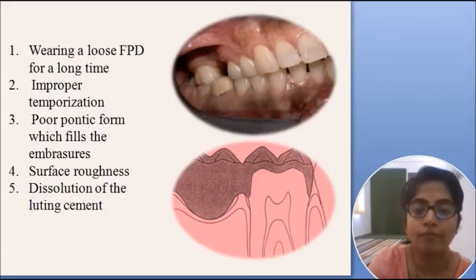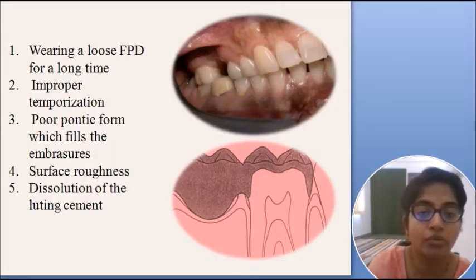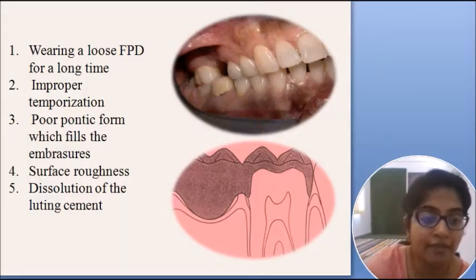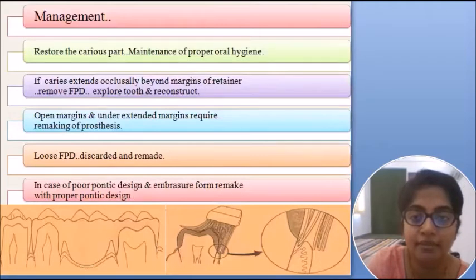Poor pontic form which fills the embrasure causes a problem with maintenance of oral hygiene, and surface roughness invites plaque formation, subsequent calculus formation, and degradation and dissolution of the luting cement. If it is not a good quality cement, then dissolution of luting cement is also a cause of biological failures, especially formation of caries.